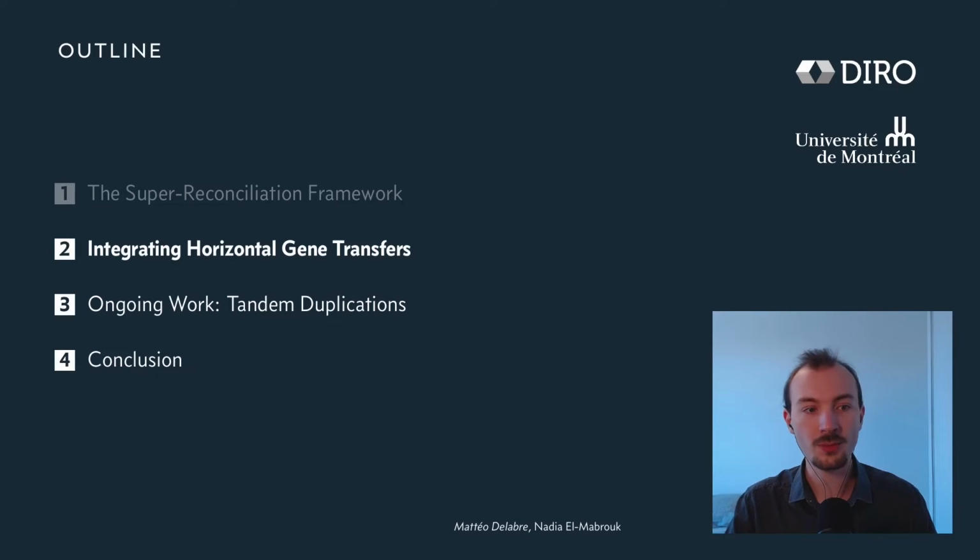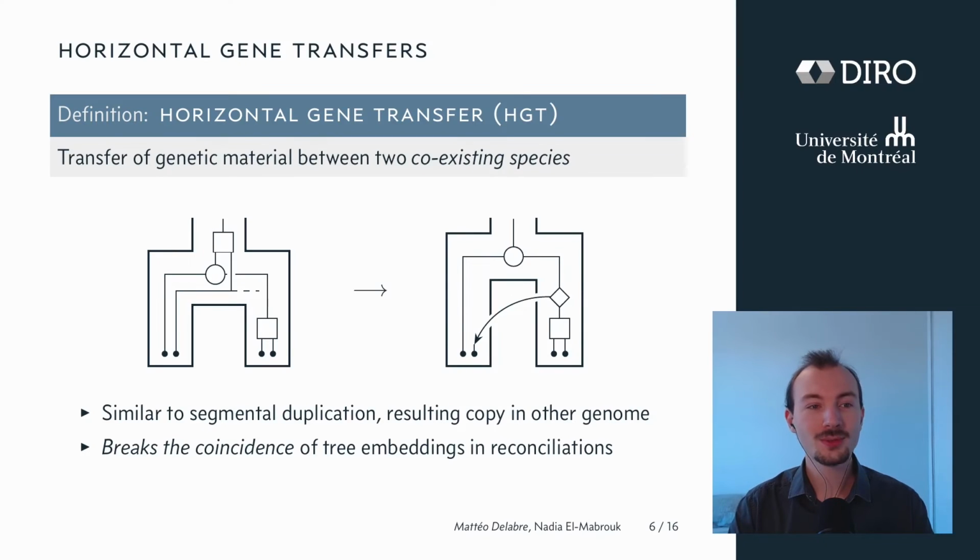Horizontal gene transfers are transfers of genetic material from a donor species to a recipient species. From the point of view of our model, it is quite similar to segmental duplications, because it results in a new copy of the synteny. Although it is a bit different because this new copy goes in a new genome and doesn't stay in the same branch of the tree.